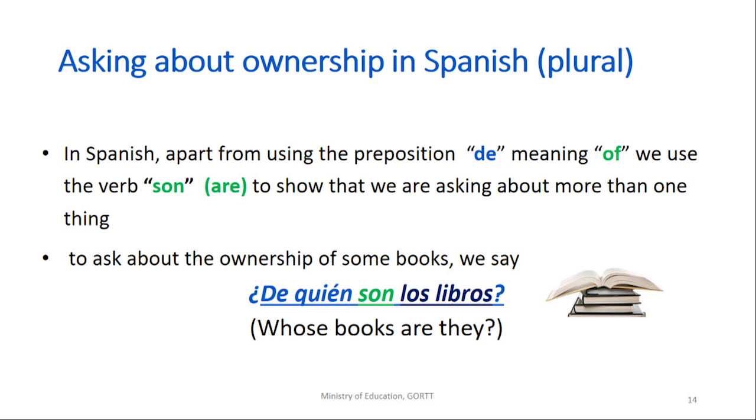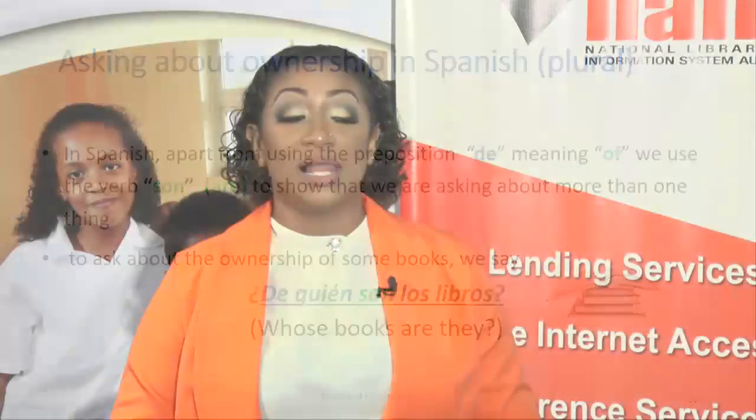So if I would like to ask about the ownership of some books, I will ask, ¿de quién son los libros? See, I'm using the word de as well as the verb son to indicate that I'm inquiring about more than one book.